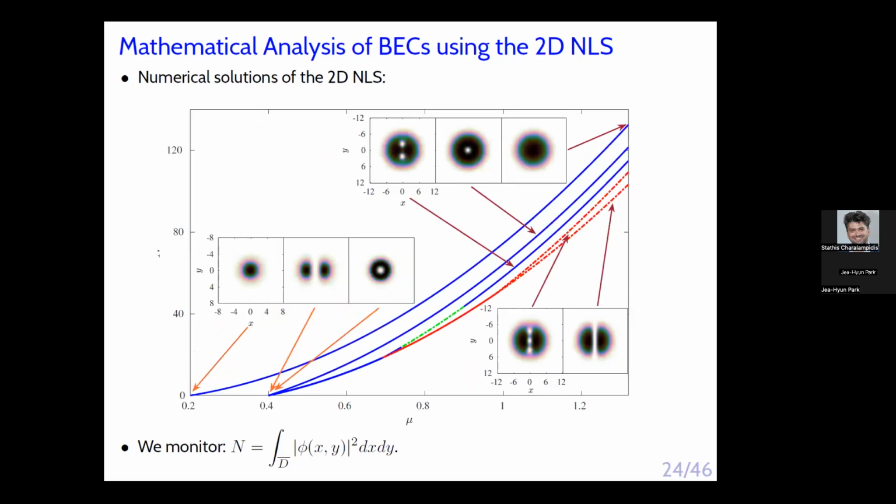But in 2D, there are some surprises. You can pick your ground state and do the continuation all the way to the Thomas Fermi. If you pick the first excited state, which can come in two flavors, either in the Cartesian decomposition or in polar decomposition, the vortex solution, you can do the continuation all the way to the Thomas Fermi.